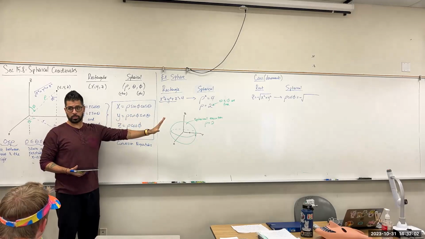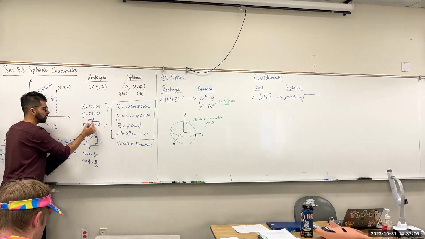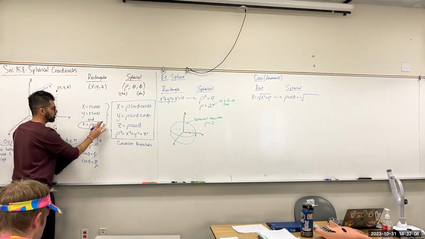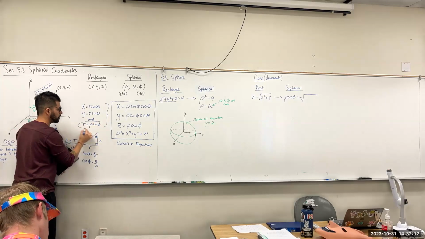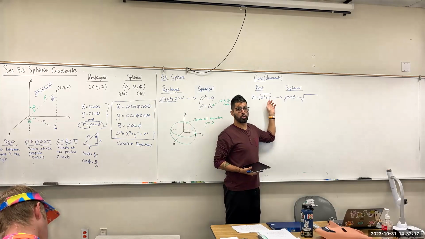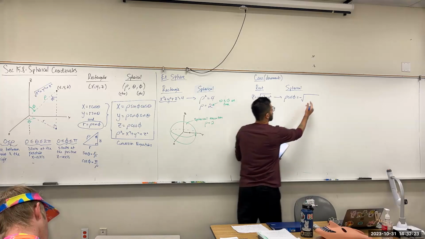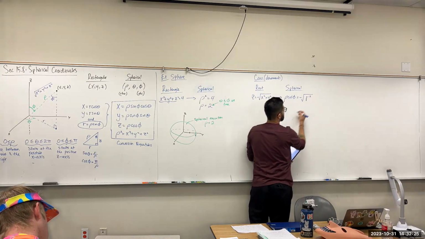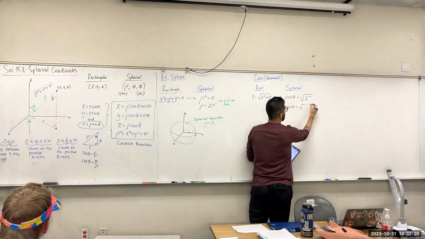The algebra will still work, okay? But instead, you can also bring this guy along. Because what is x squared plus y squared in polar? It's really just r squared, right? So this is really just r squared.